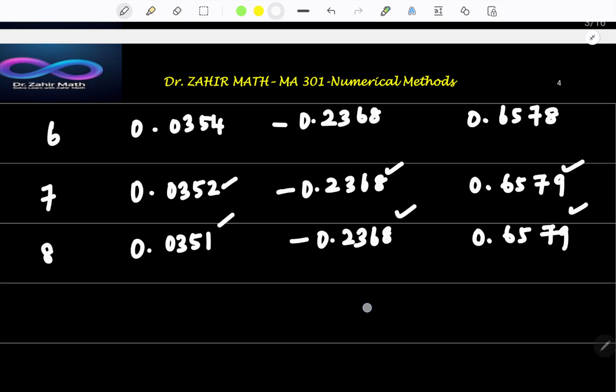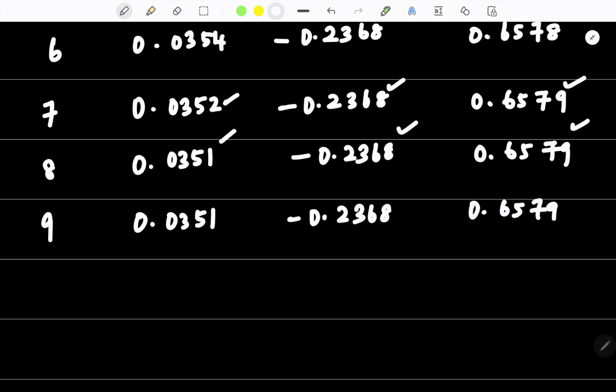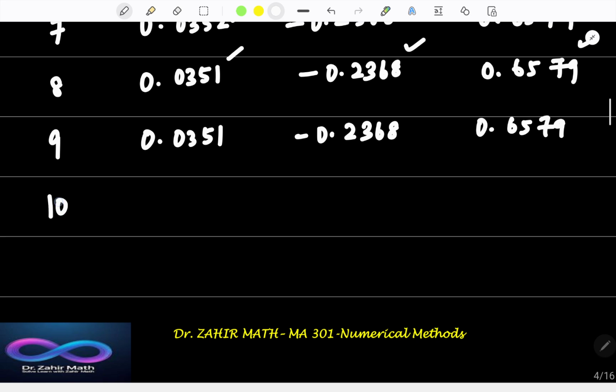No, you have to go. You need to stop. Again 9: 0.0351, press equal, and the y value is minus 0.2368 and 0.6579. For the safer side, do one more time to get the same value again. Press equal, B question mark, again press equal, C question mark, again press equal.